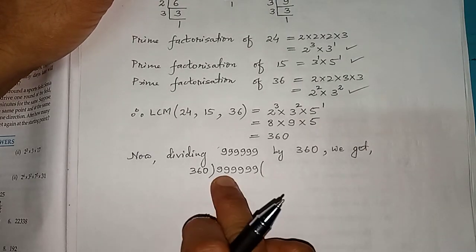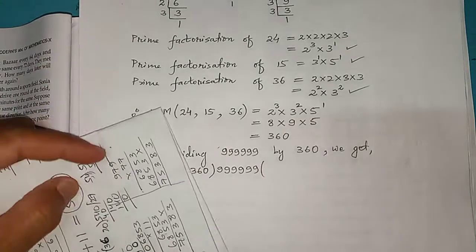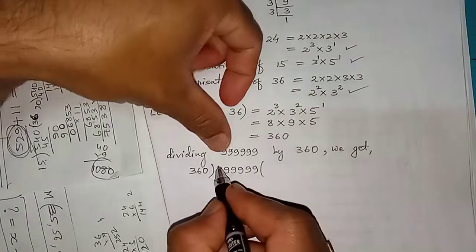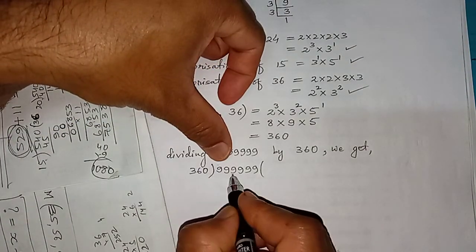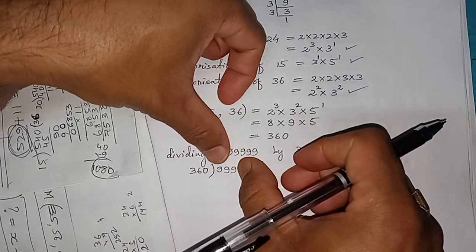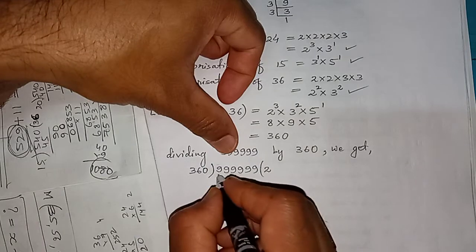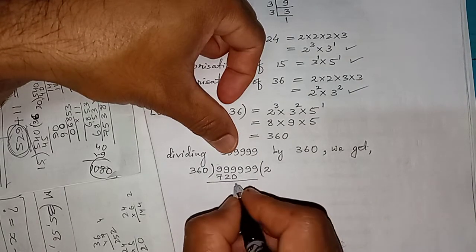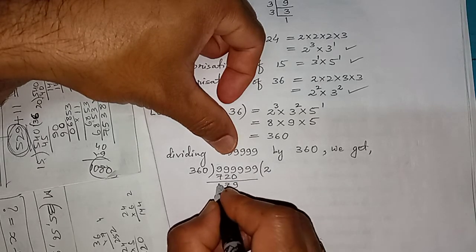360 ones are 360, 360 twos are 720, 360 threes are 1080. Since I take 3 digits, it's 999 and 1080 is obviously bigger, so we'll take only 2 times. 360 twos are 720. We subtract: 9 minus 0 is 9, 9 minus 2 is 7, and 9 minus 7 is 2.